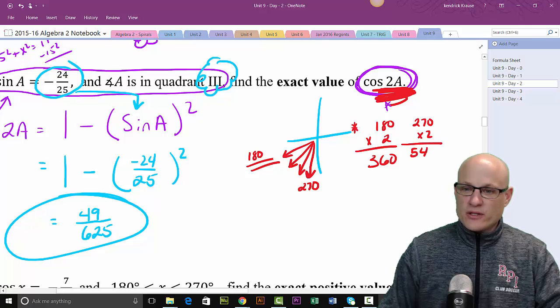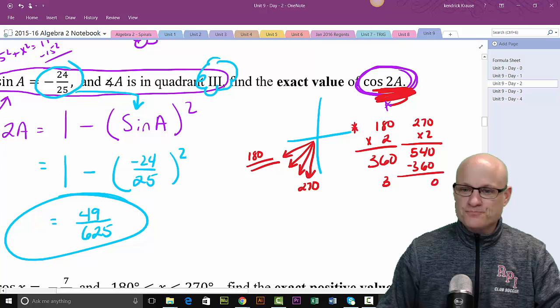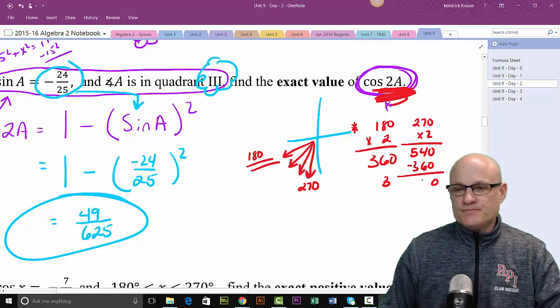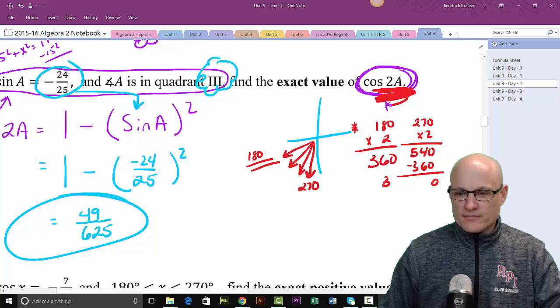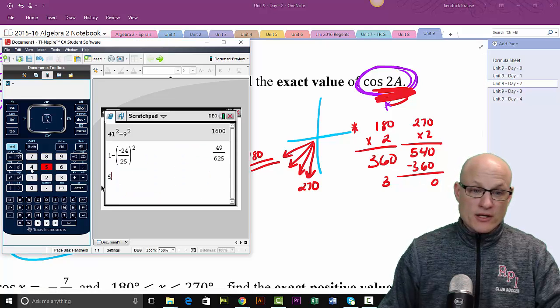So 540 minus 360 equals 180. I don't know why, but my brain's not working right now.